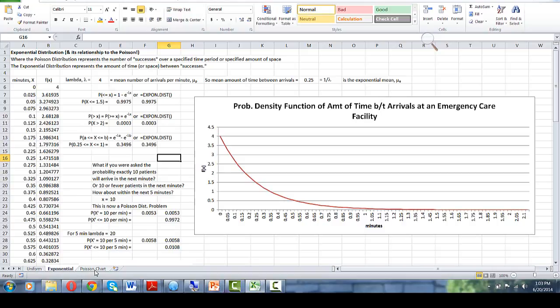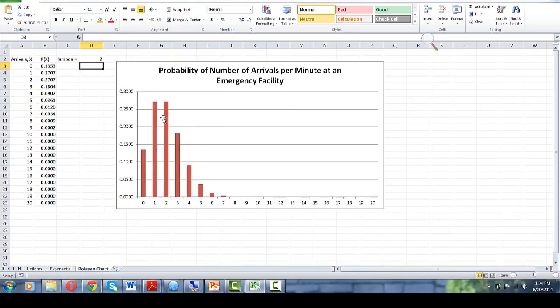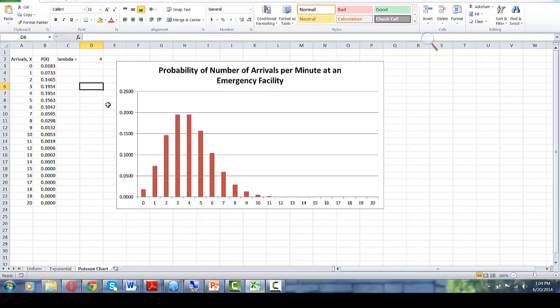So now you have a discrete probability distribution, where the height of these bars are probabilities. There's no area here that we're interested in. So how do we deal with that?